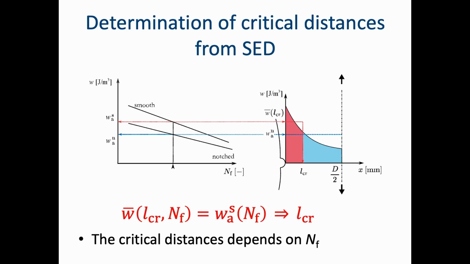The strain energy density is somehow proportional to the applied stress, so the graph looks very similar. And how to determine the critical distance?